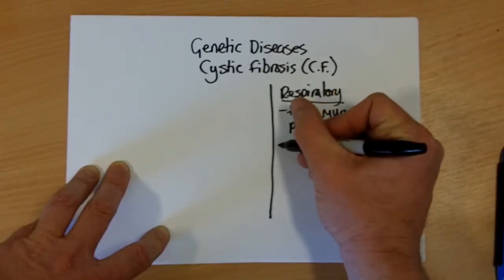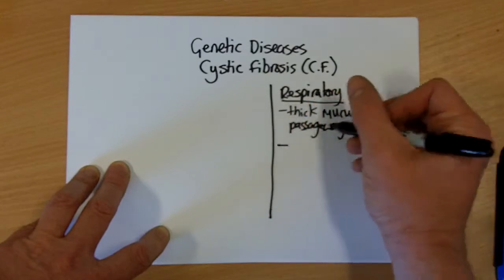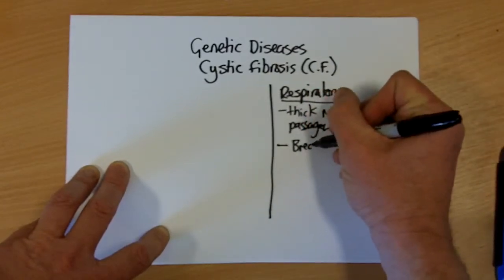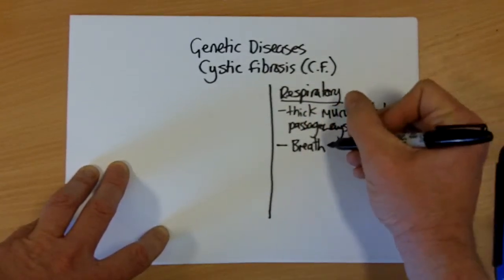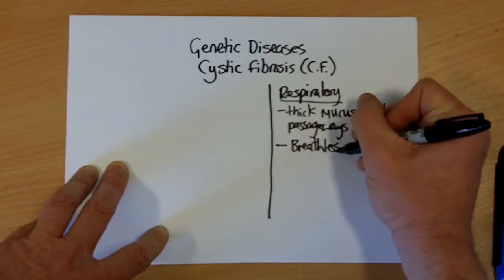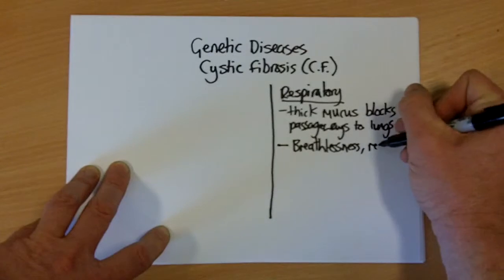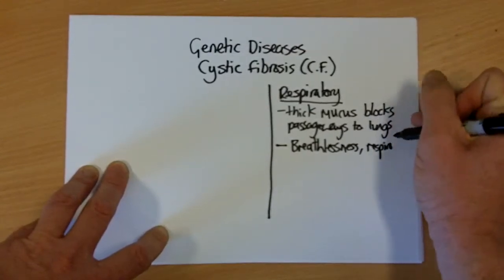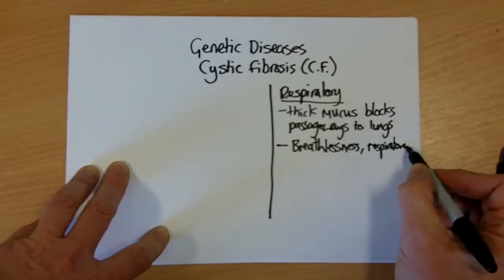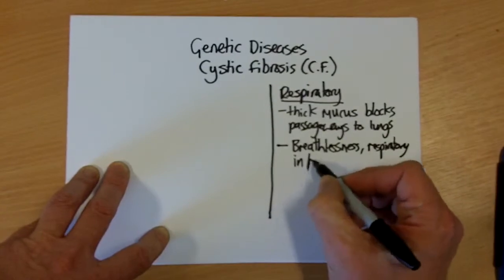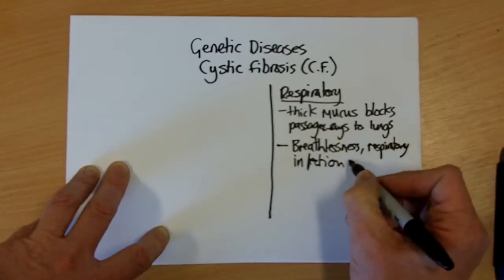So the problems with the mucus obviously will lead to breathlessness, because the passageways are going to be much smaller, so it's hard to get enough air in, and also you're prone to lots of respiratory infections, so it's likely that you could have lots of chest infections, so really quite unpleasant.